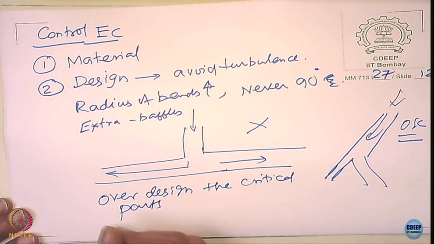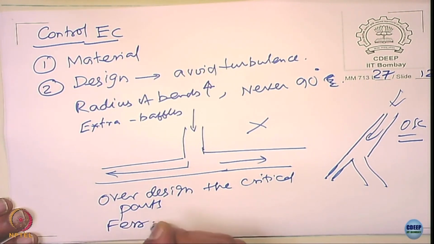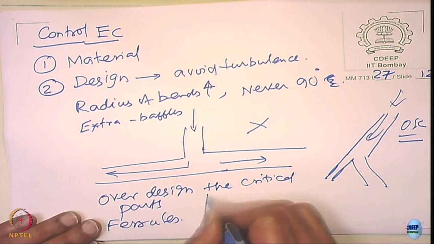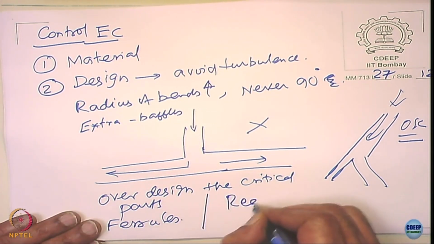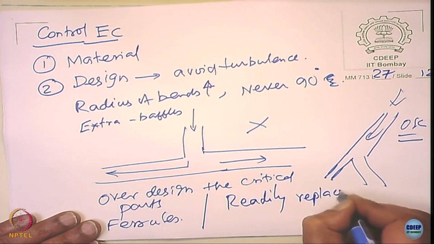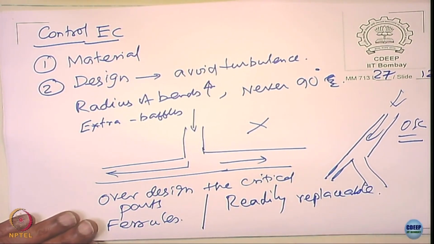We talked about the ferrules, heat exchangers. So wherever it is going to be damaged or impinged, it should be readily replaceable. You should be able to replace it quickly.